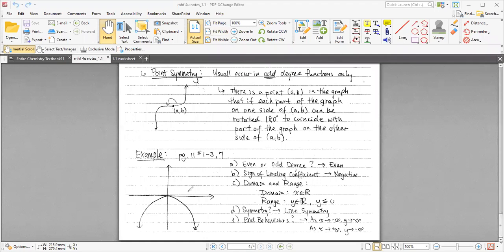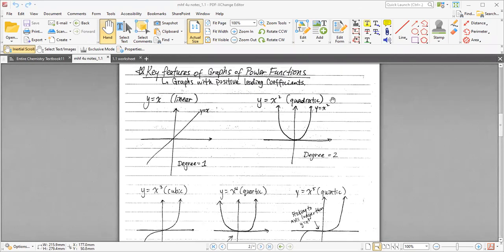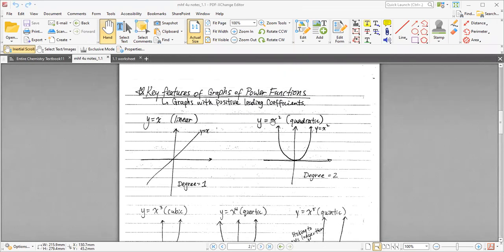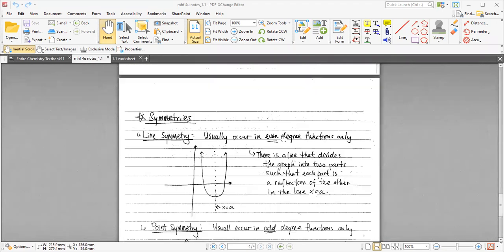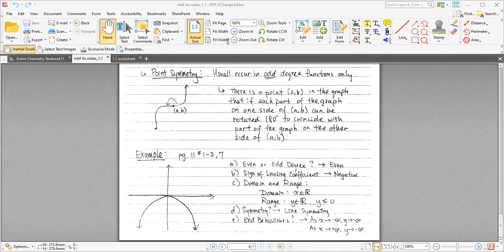So according to this, I want to see if this graph is even or odd degree. If you go back to the previous pages, we did something like that. Anything like that, of course, is even degree, right? So I know this is even degree. How about the sign of the leading coefficient?